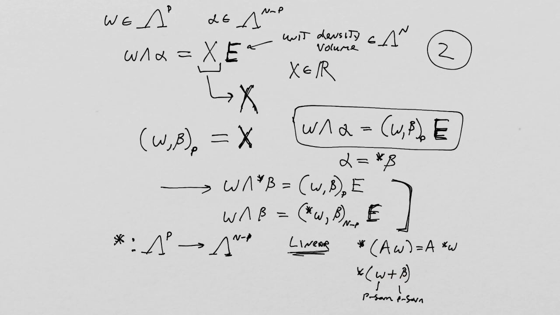So both guys on both sides have to be in the same vector space. The Hodge dual is a map from p to n minus p, so this thing here better be an element of the pth exterior power. But anyway, the point is it's the Hodge dual of omega plus the Hodge dual of beta, where now this addition sign is in the n minus p exterior power space. That's the vector addition of the n minus p exterior power.